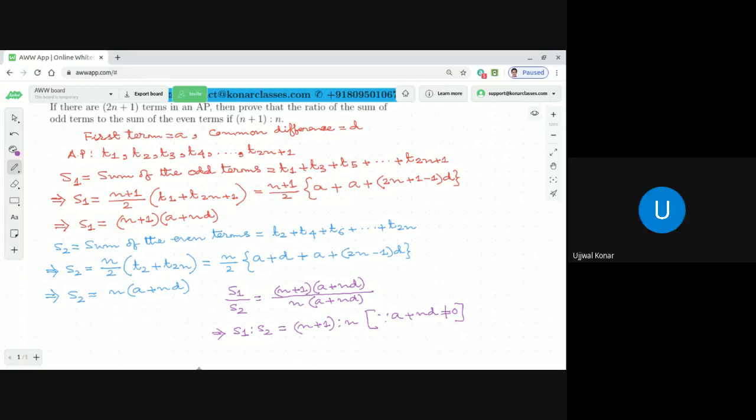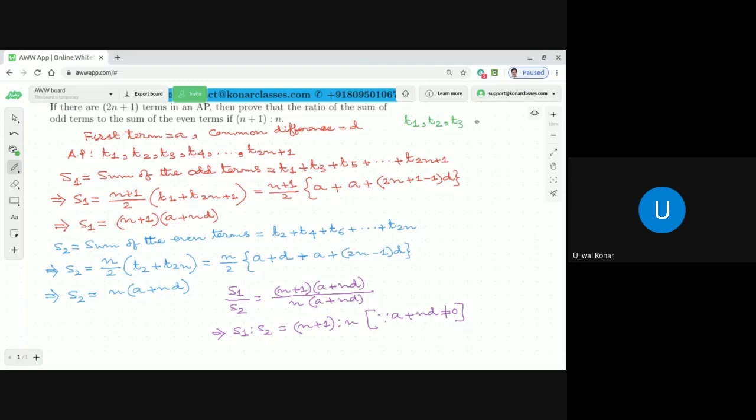Absolutely. Yep. And so could you explain once more how the number of even terms is n? Okay, absolutely. Thanks for asking this question. So let's take there are three terms, T1, T2, T3. How many odd terms are there? 2.